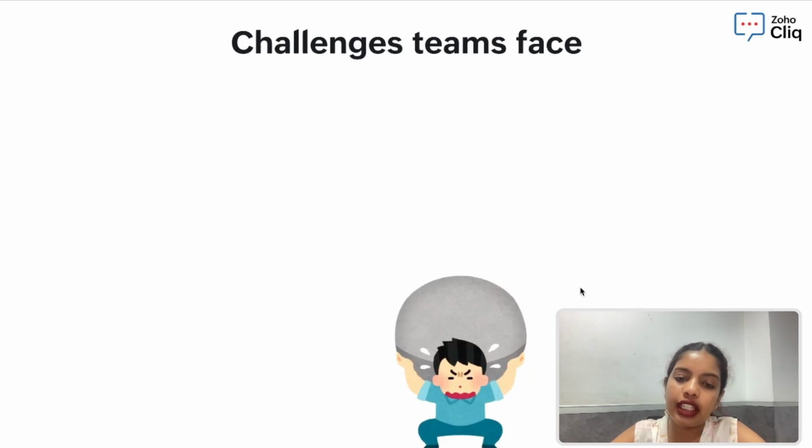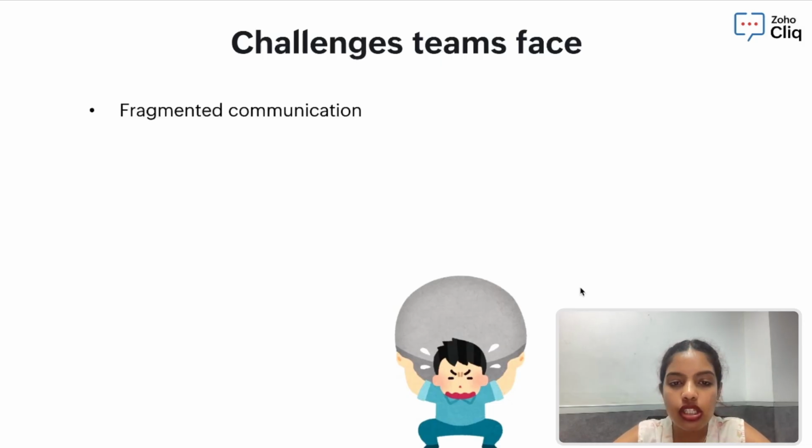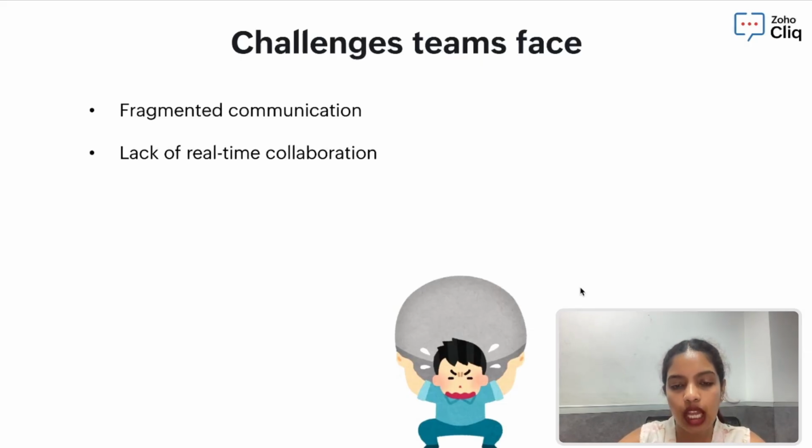Now, on the flip side, what happens when there isn't a clear process or roadmap in place? Well, things can get a bit messy. First off, communication becomes fragmented. Conversations are happening across emails, chats, meetings, and somewhere along the way, stuff just slips through the cracks. There's also a lack of real-time collaboration.